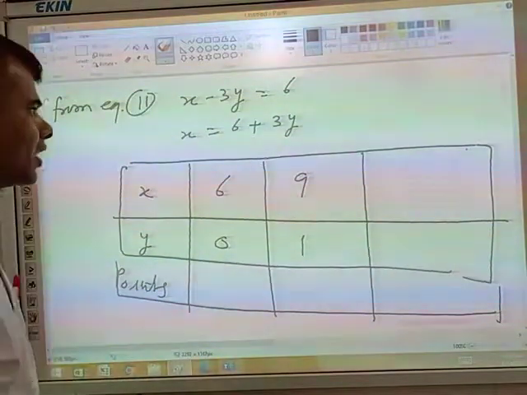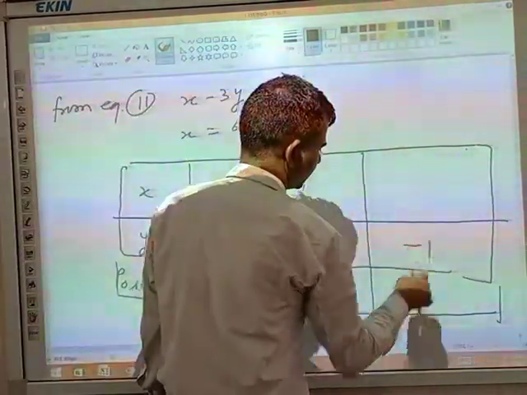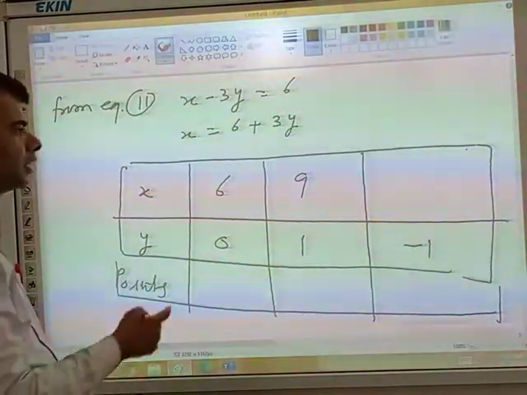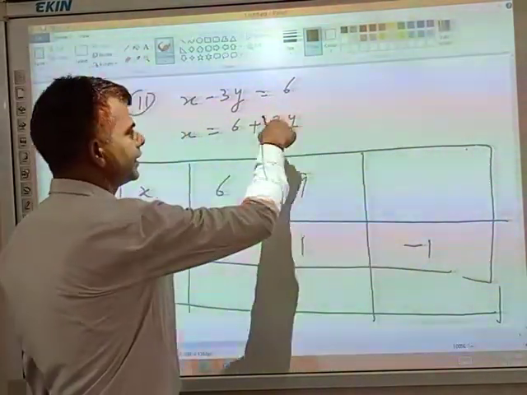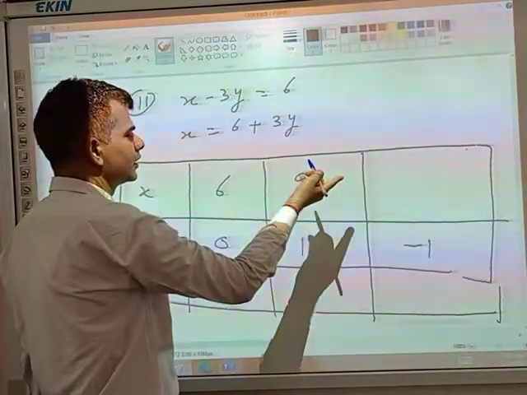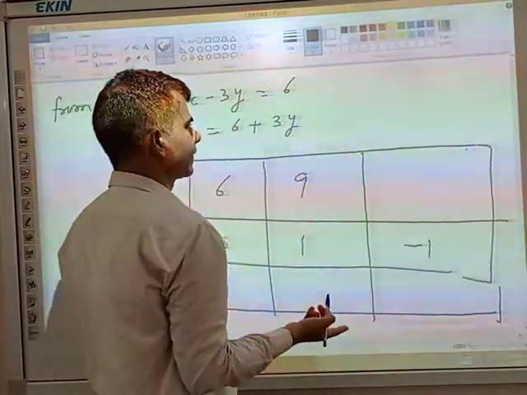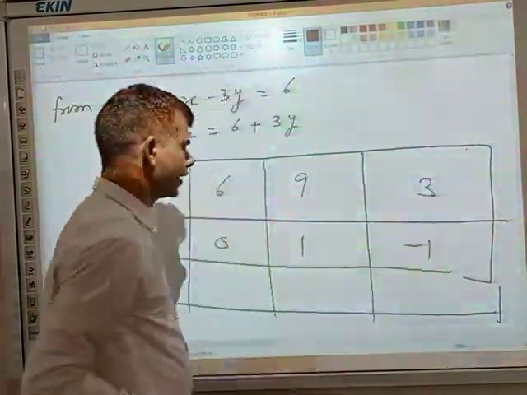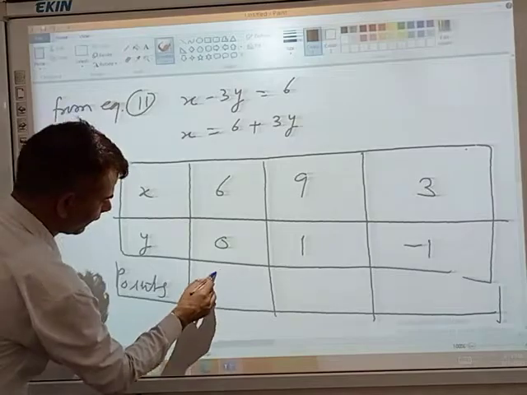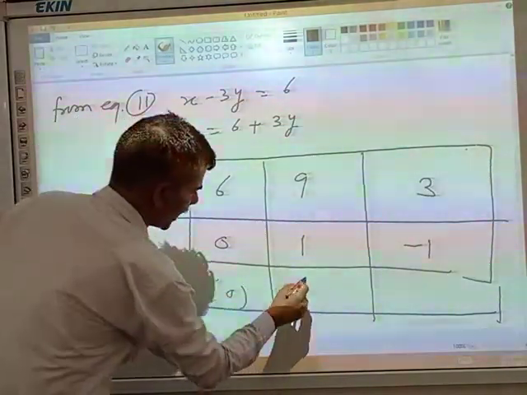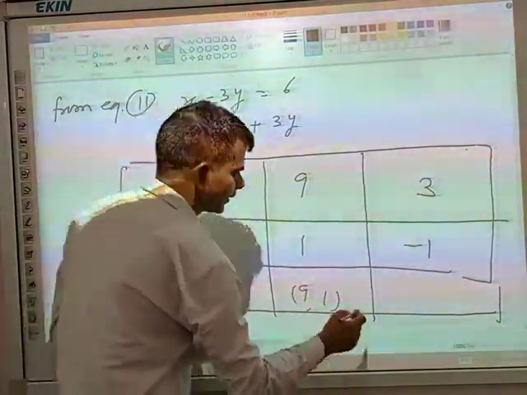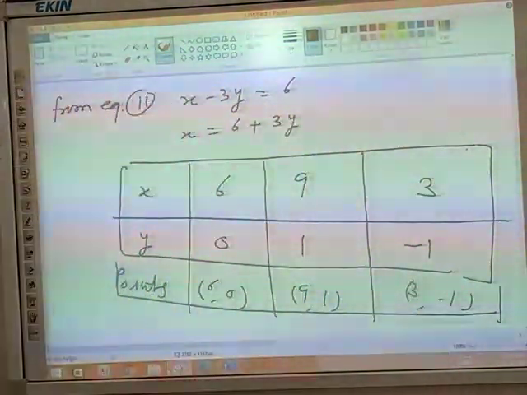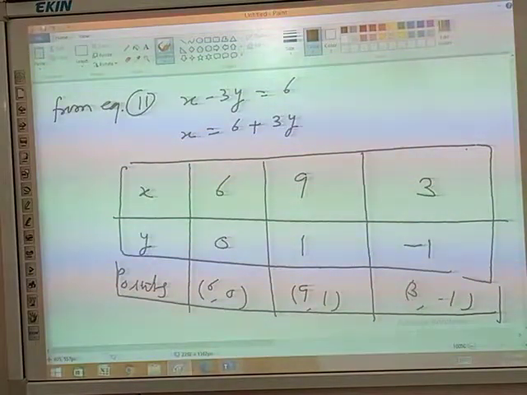If we replace y with minus 1, 3 into minus 1 is minus 3, 6 minus 3 is 3. Now your points are (6, 0), (9, 1), (3, -1). Now students, we will plot these points in the Cartesian plane.